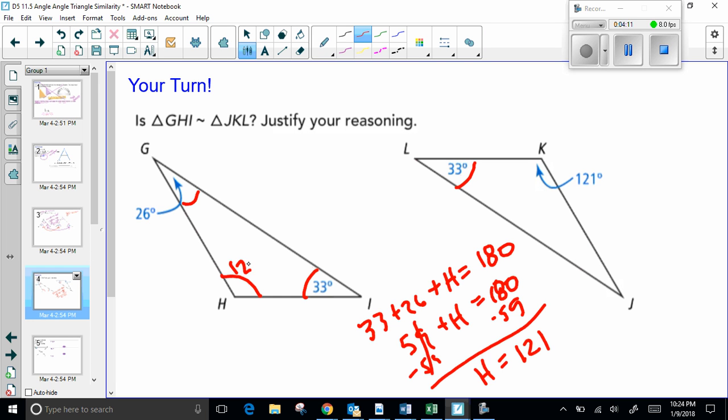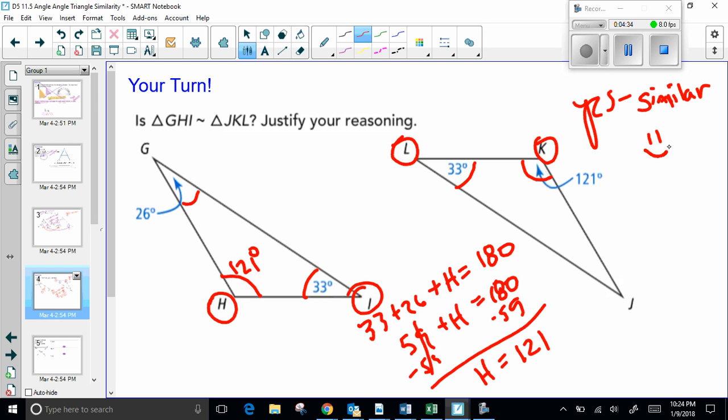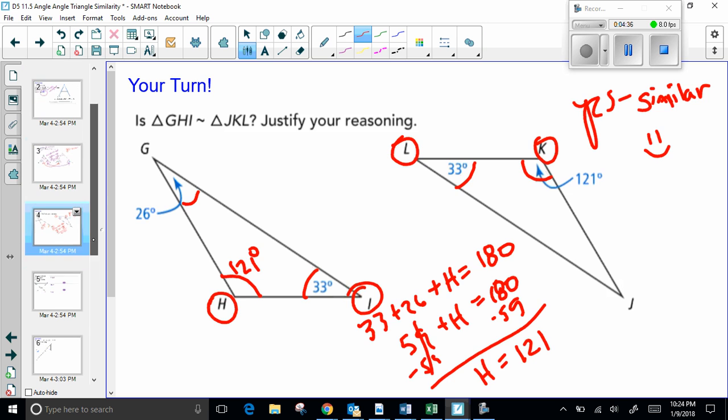Now that I know this angle is 121, I see it matches up with this one. So I've got K is congruent to H, L is congruent to I. So because I have two sets of congruent or matching angles, that means yes, these two triangles are similar. Smiley face. Moving on.